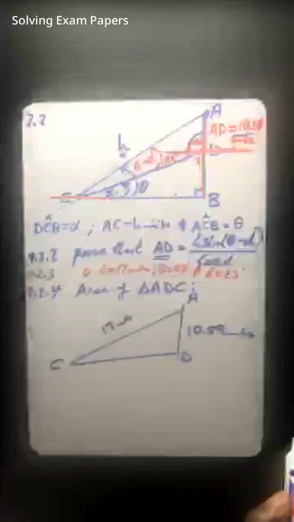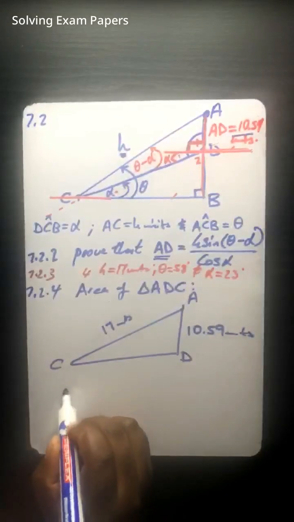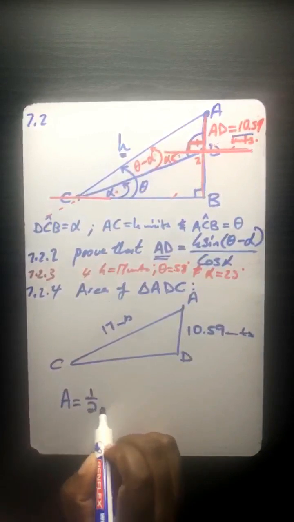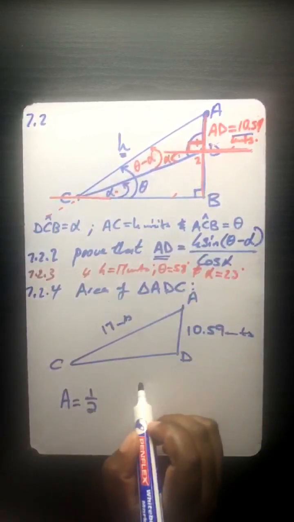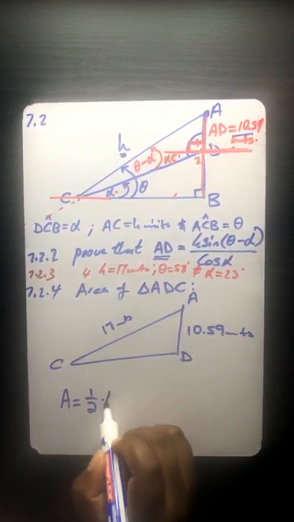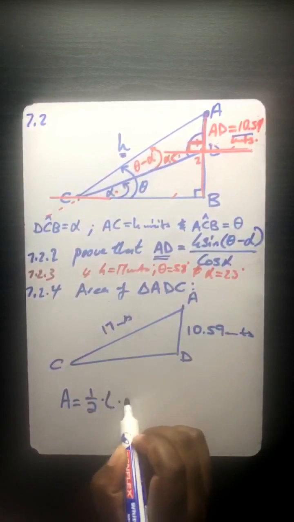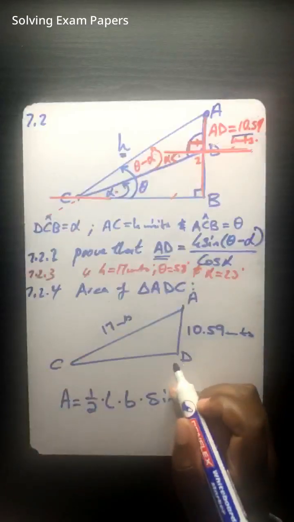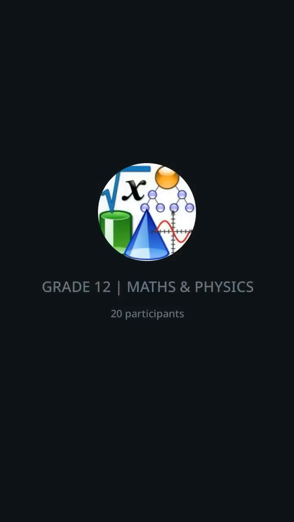As a mathematician, you know that to use the area rule, you are going to say half, and then you need a side, and an angle in between. So half times length times breadth times sine of an angle in between. Let me not use theta because theta is there already.